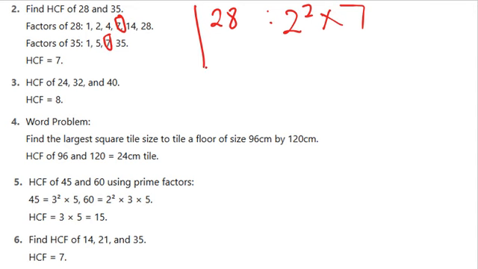Then if you go to calculator again and go for 35, 35 equals sign, shift, factorize, it's gonna give you 5 times 7. Okay, so how to get the highest common factor?